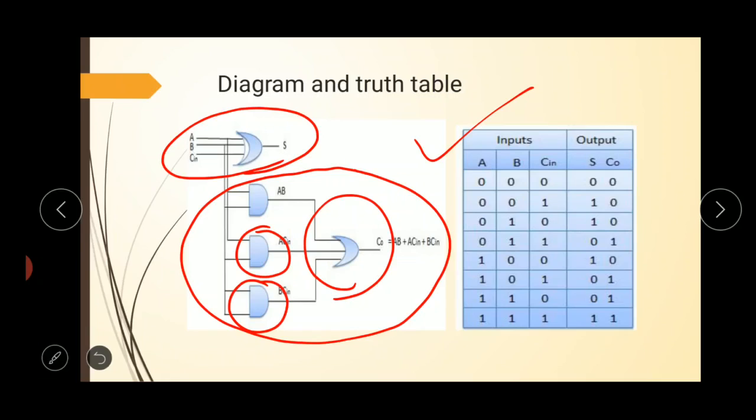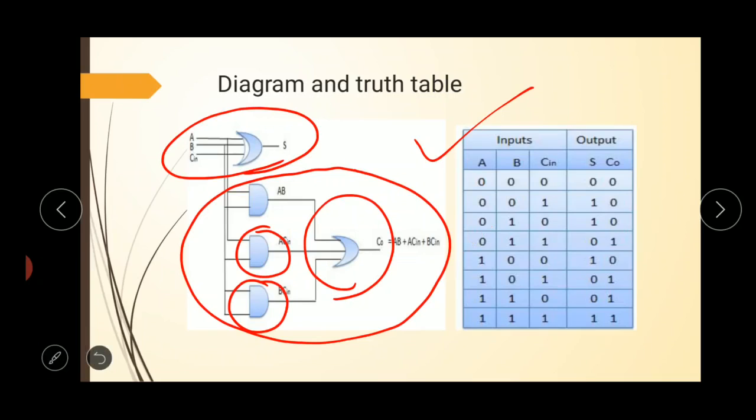When the combination of input is 0 0 0, we get sum 0 and carry 0, and when the combination is 0 0 1, we get 1 and 0. When the combination is 0 1 0, at the output we get 1 0. When the combination is 0 1 1, at the output we get 0 1.